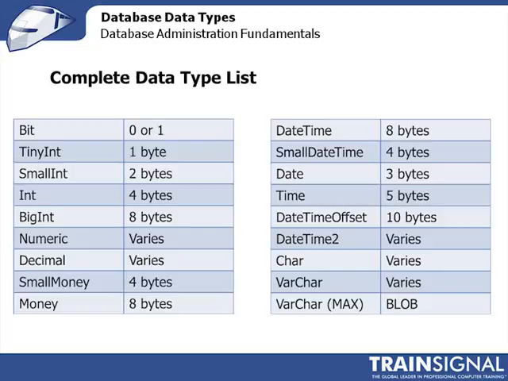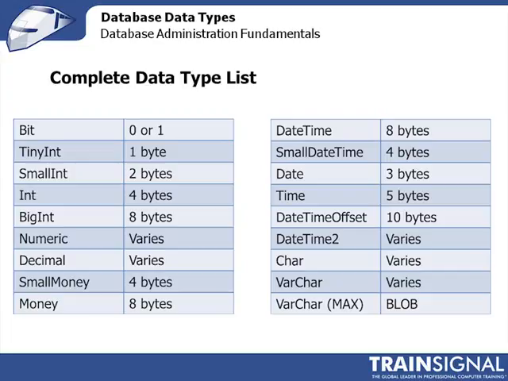Now, each of these different types of data takes a certain amount of storage space in the database. And obviously, you want to try and use as little storage space as possible so that you're being economical with your storage. So you tend to try and use the smallest data type that will accommodate whatever data it is you need to store. So the bit type, for example, stores a 0 or a 1.